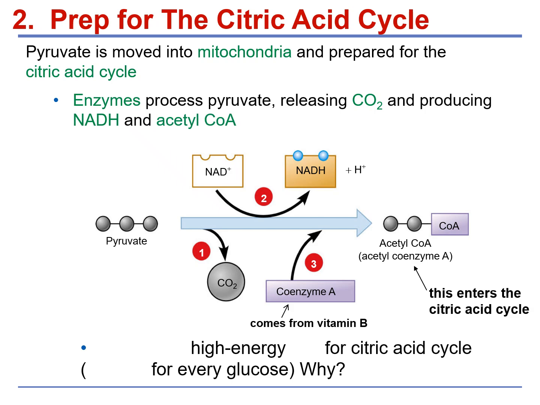Acetyl-CoA is produced because two pyruvates went in, and it is a high-energy fuel for the citric acid cycle. And there are two acetyl-CoAs for every glucose produced.